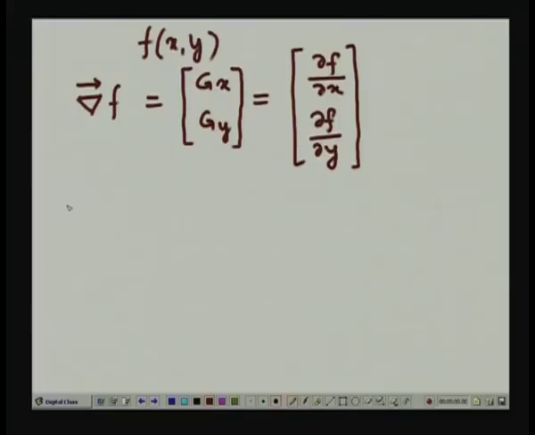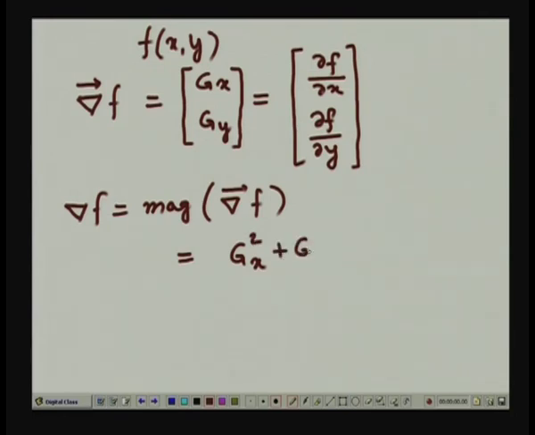Now, for the edge detection operation, what we are interested in is the magnitude of the gradient. So, the magnitude of the gradient we will write like this: grad f, which is nothing but the magnitude of the vector grad f, and which is nothing but the square root of g_x squared plus g_y squared.